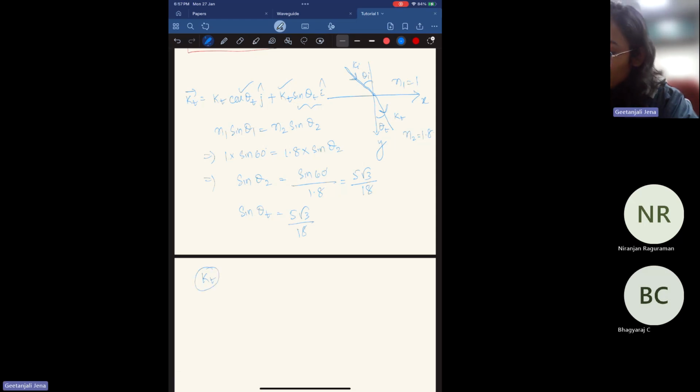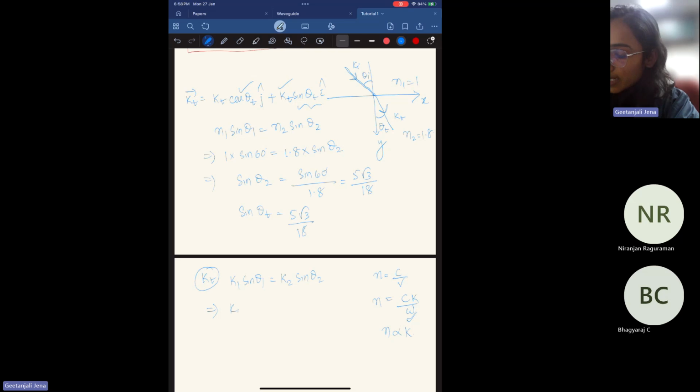Now your next work is to find out what is kt in the medium. For that, you can again use Snell's law. If you recall, n is c by v, and v is omega by k. When the wave travels from medium 1 to medium 2, omega remains the same if it is the same source, only the k changes. That means n is directly proportional to k. So you can write Snell's law as k1 sin theta 1 equals k2 sin theta 2.